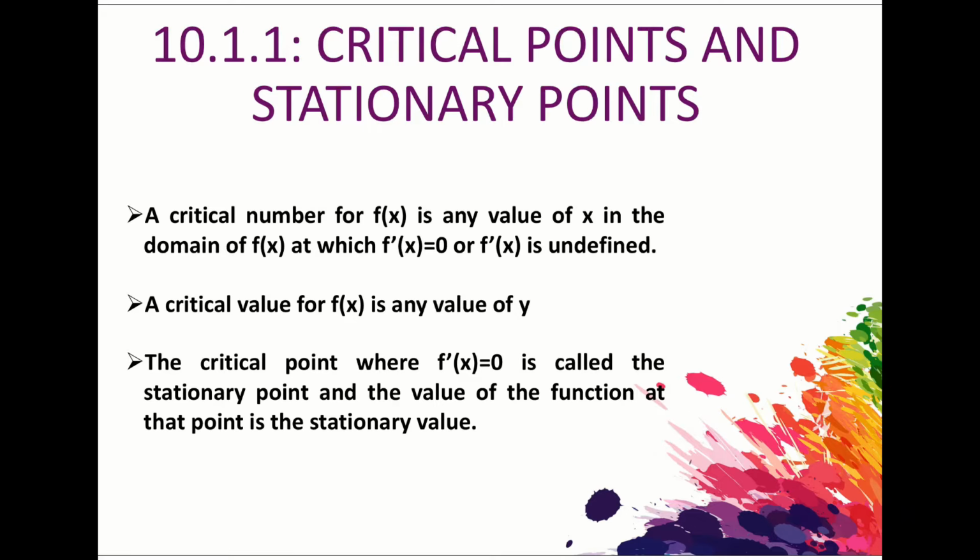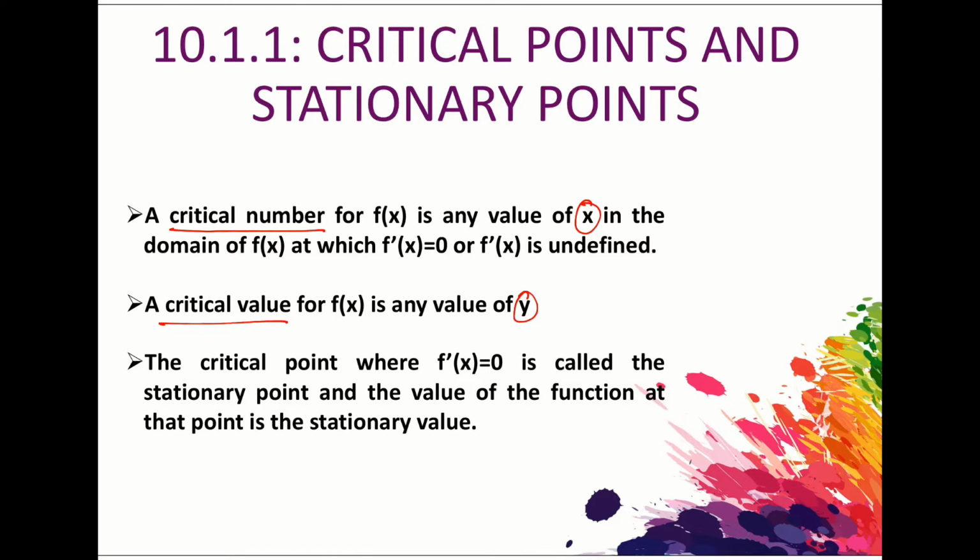10.1.1 Critical points and stationary points. A critical number for f(x) is any value of x, or the x coordinate, in the domain of f(x) at which the first derivative of f(x) is equal to 0 or is undefined, whereby a critical value for f(x) is any value of y.